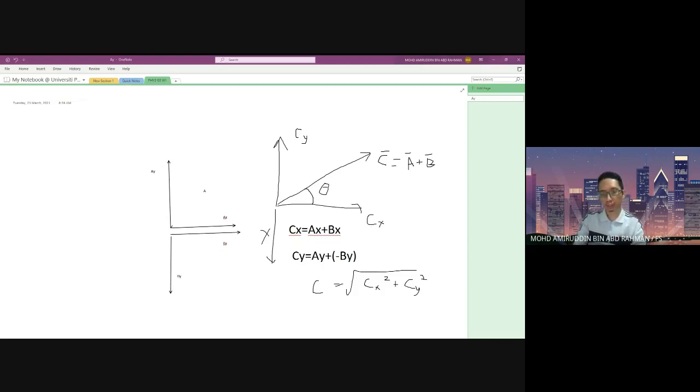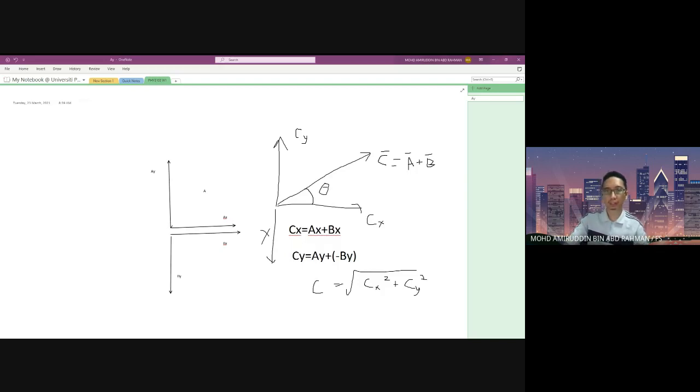So you use the tangent formula, right? Your CY is 0.78, divided by the CX component, which is 2.35, and then the inverse tangent of that is 18.3 or 18.4.